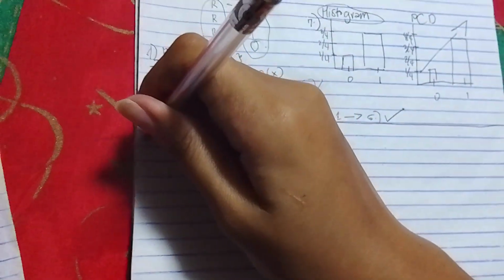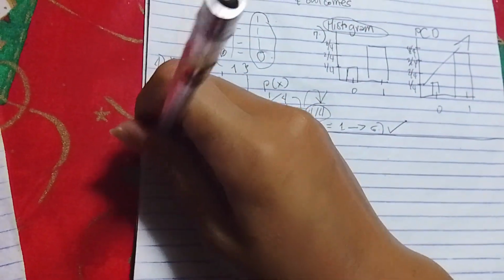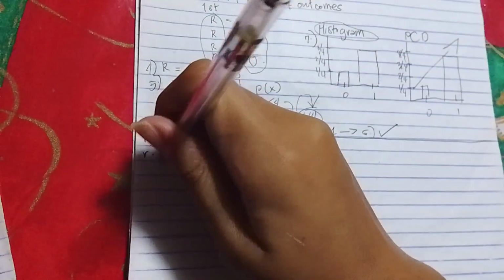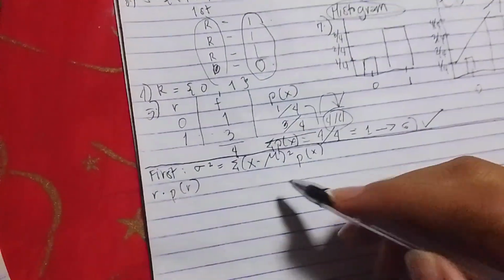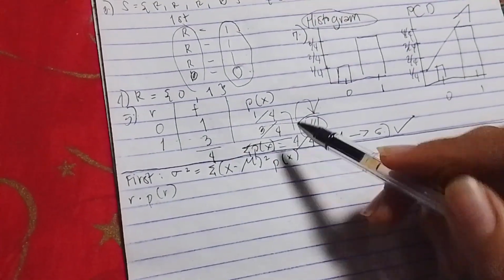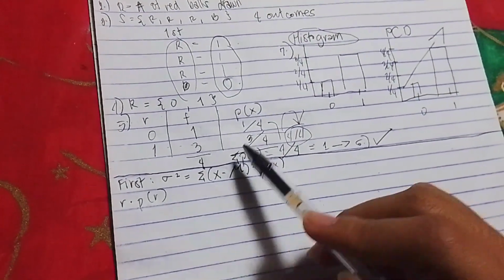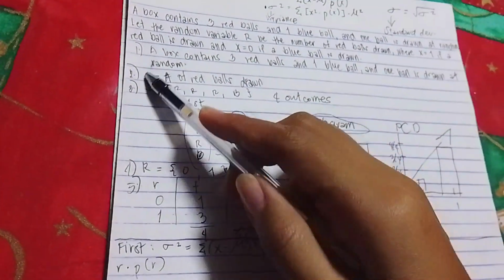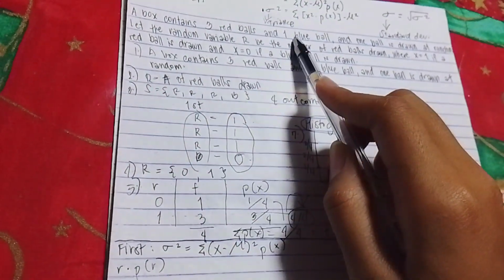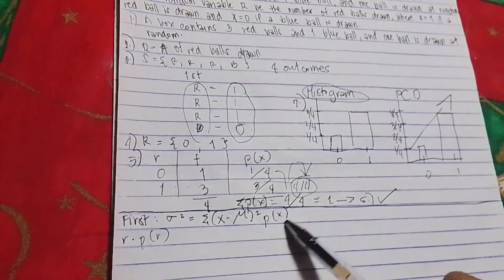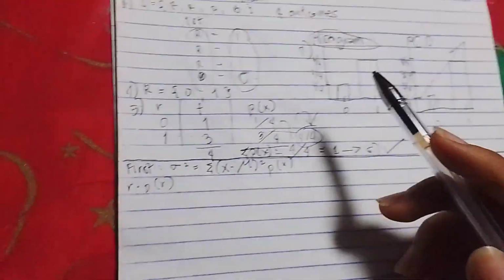The first thing we will do is to multiply r times p of r. Remember that the x is a variable which can also be changed if your random variable in this statement is different from what the original formula is given.